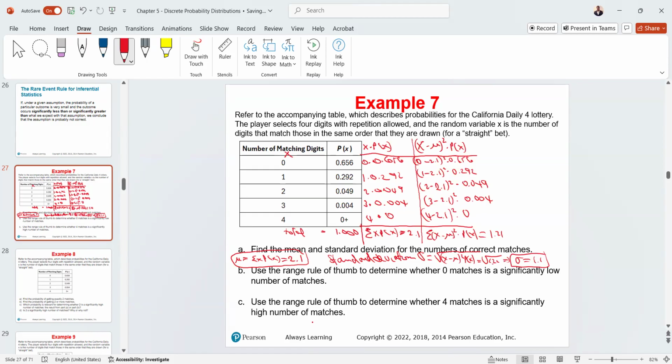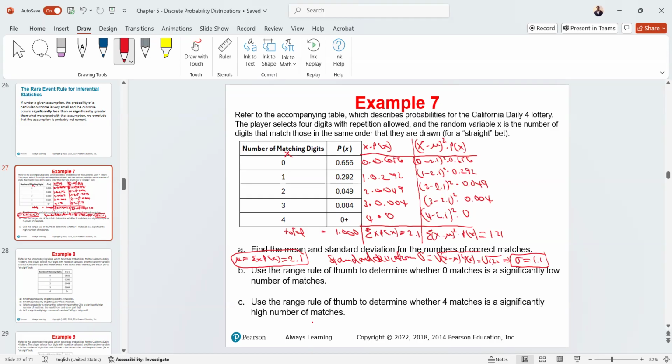Well, now they said using the rule of thumb to determine whether zero matches is a significantly low number of matches. So we can verify this that way.